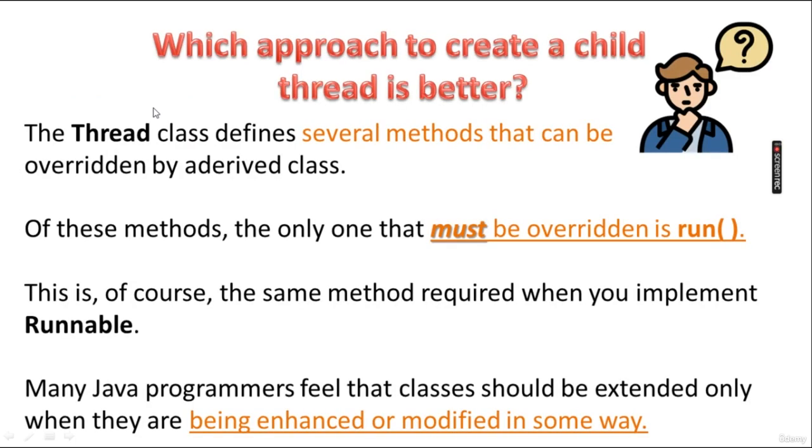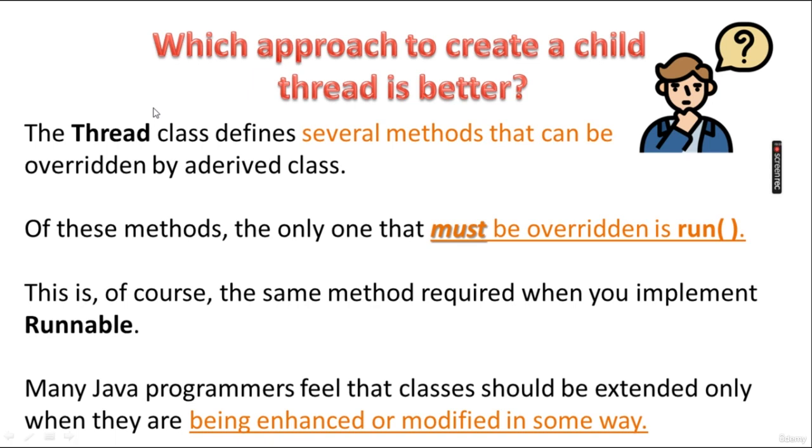Now the question is, which approach is better? Which approach to create a child thread is better: to implement the Runnable interface or to extend the Thread class? The Thread class defines several methods that can be overridden by the derived class. Of these methods, the only method that must be overridden by all is the run method. This is of course the same method required when you implement Runnable.